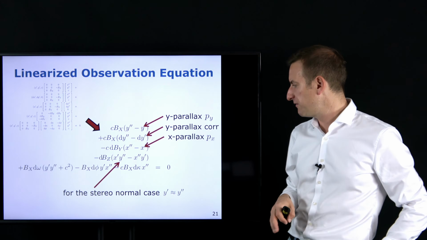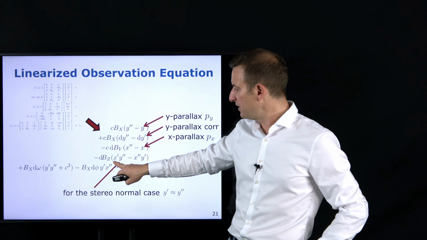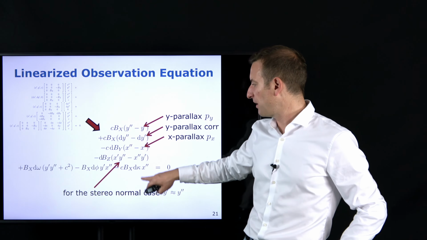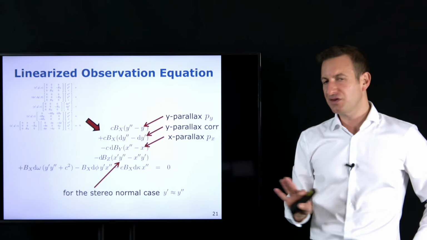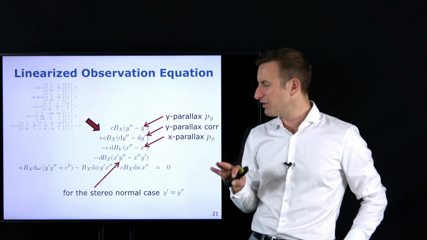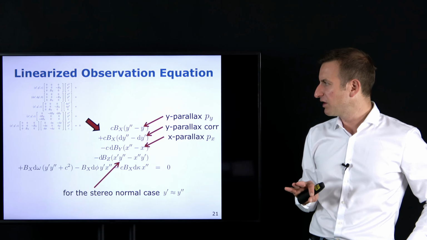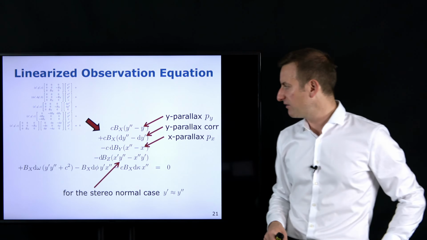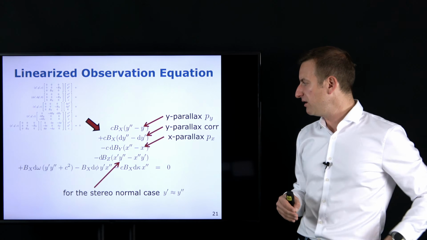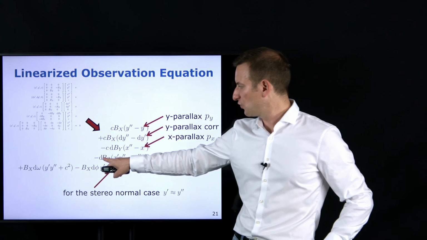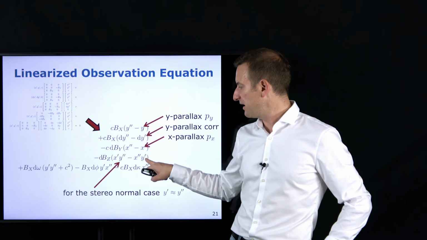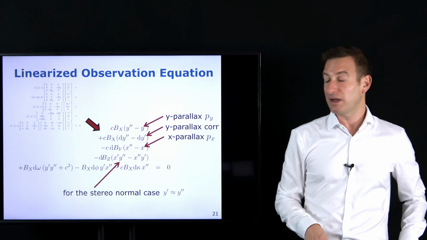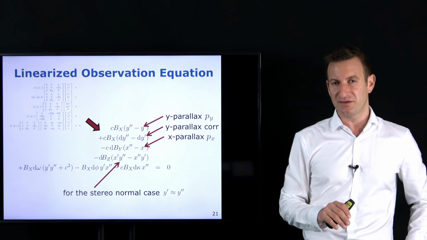And then we have another setup here. What we have is x prime y double prime minus x double prime y prime. And now there's an approximation that we are doing. We're saying if we are in the stereo normal case, or close to the stereo normal case, and I'm looking into the change of the baseline vector in the y and the z direction, which is where this expression came from, then I can assume that y prime and y double prime are approximately the same.